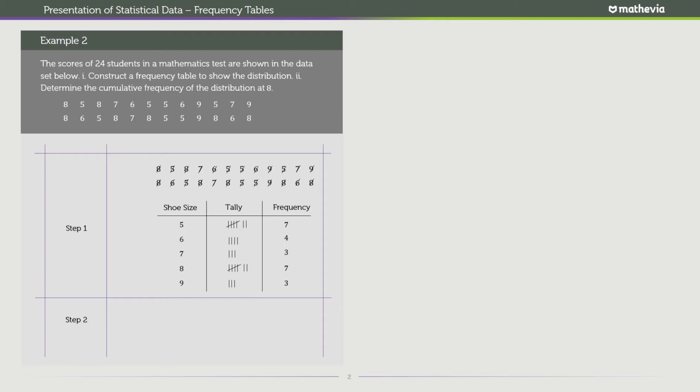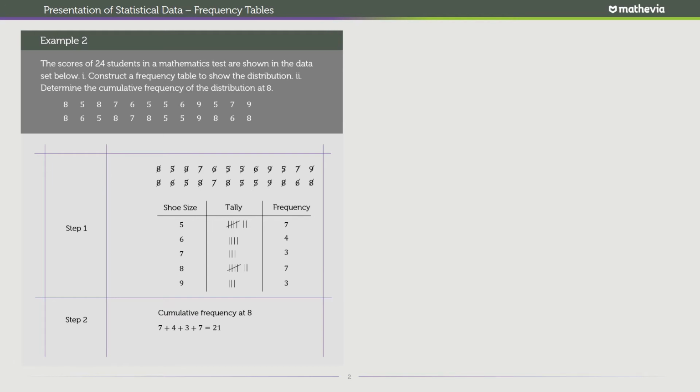Basically, all you need to do is sum up the frequencies up to and including the given number. So for the cumulative frequency at 8, you sum up all the frequencies before 8 and at 8. So you have 7, 4, 3, 7, and you stop there, because it asks for the cumulative frequency at 8.